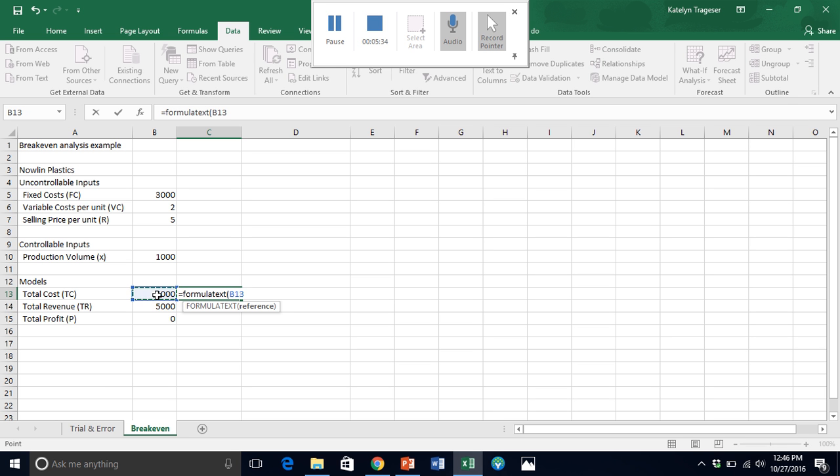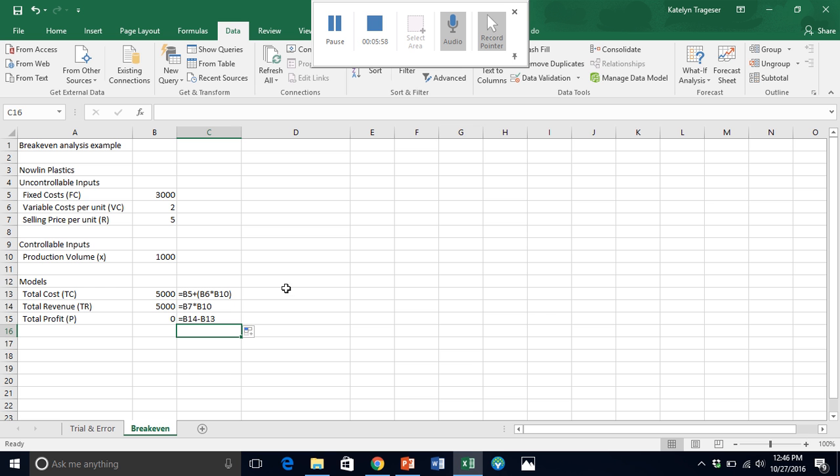Back here, total cost, close parentheses, enter. Now I can see the actual formula text I have in this cell. This can be handy at times so that you don't have to keep double clicking and hope you don't click on an extra cell by accident. So we'll copy that for all those, leave it there.